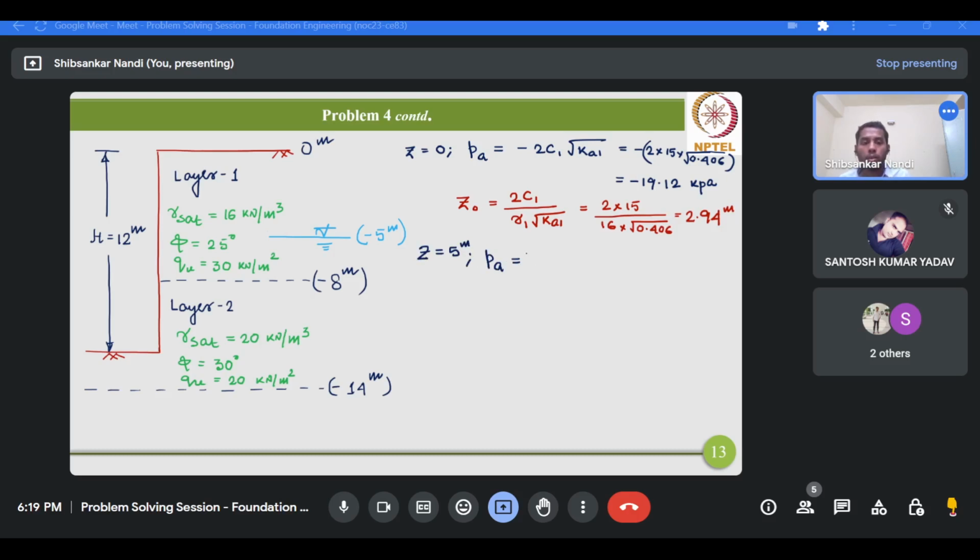The PA value would be gamma 1 Z1, so gamma 1 is 16, then Z1 is 5, multiplied by 0.406 minus 2c root k1, that is 19.12. So 16 into 5 into 0.406 minus 19.12. I am getting 13.36.